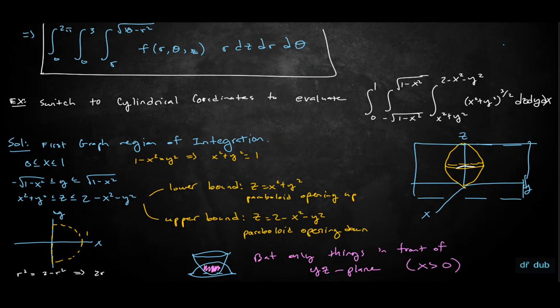So that's 2r squared equals 2, or r equals 1. So these two paraboloids intersect at a radius of r equals 1 right here.